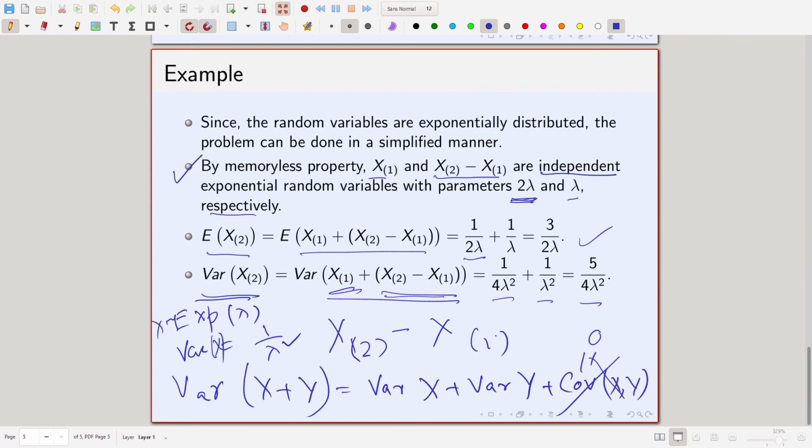So you see, since the given problem is for exponential random variables, you can do it in a much simpler way without using those theorems or corollary on order statistics. That is because exponential random variables have this special memoryless property.